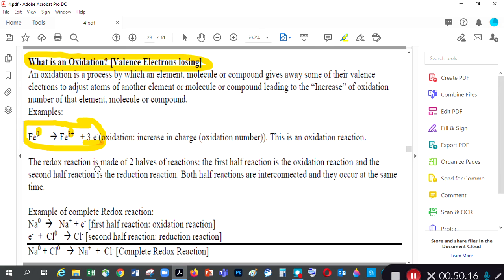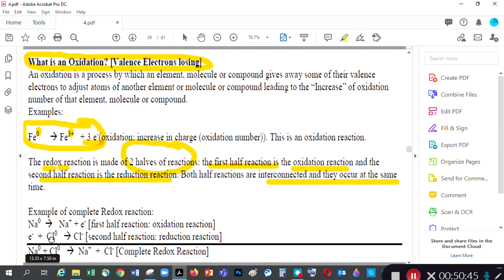The redox reaction, in general, is made of 2 halves. This is very important because it's reduction and oxidation. The first half reaction is the oxidation reaction, and the second half is the reduction reaction. Both halves are interconnected, and they occur at the same time. Let's look at the example here.